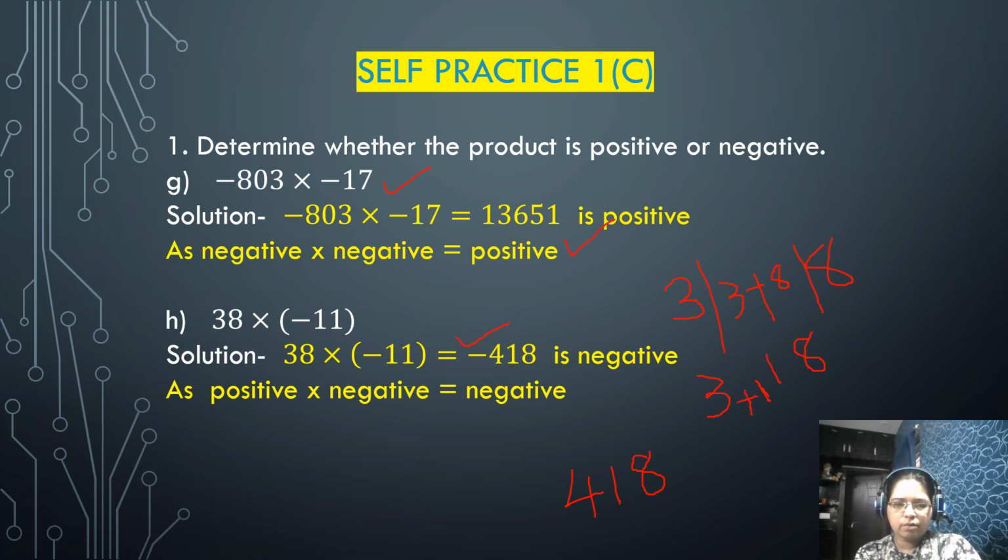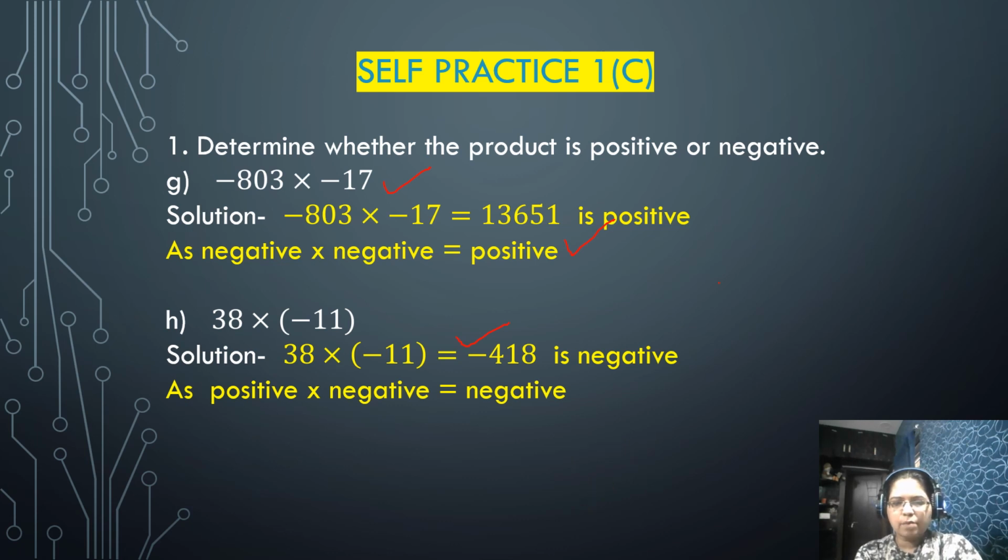Three plus 1 is 4, then this unit place digit of 11, and unit place digit of 38, so 418. So we get 38 multiplied with 11 is 418.